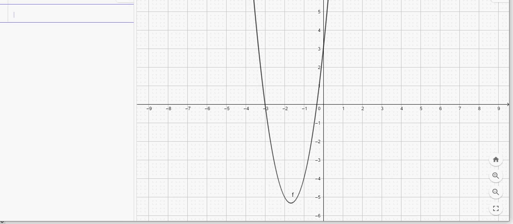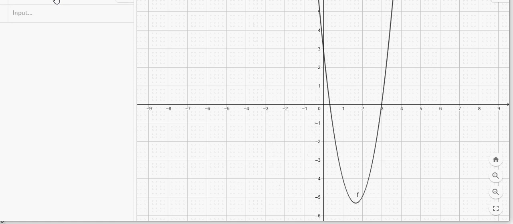Oh, it was -10, lads. All right. What do you know about our lowest point? It's 1 and 2/3, and what else? -5 and a third. It's the point we thought it was.